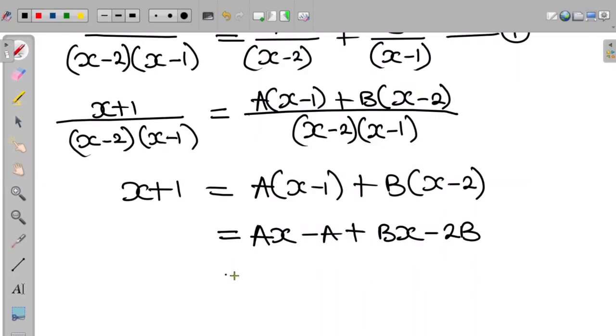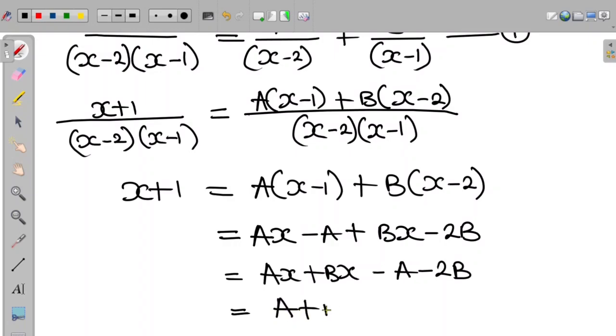If we collect like terms, this is Ax + Bx - A - 2B. If we factorize the expression, we have (A + B) all multiplied by x, minus A minus 2B, and we have this to be x + 1.